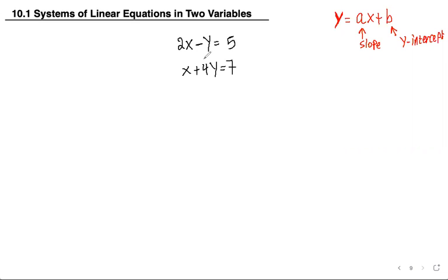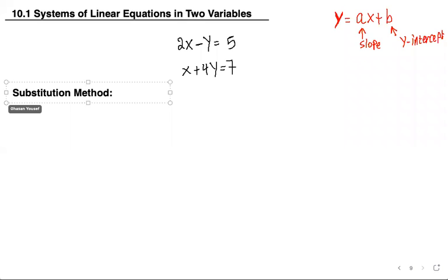So today we're going to learn how to solve a system like this, how to find the value for x and the value for y. The first method we're going to learn is the substitution method. This is the first method for solving a system of linear equations.